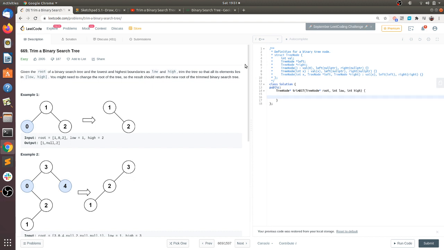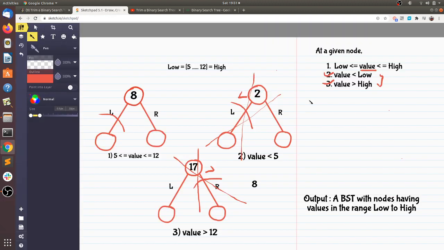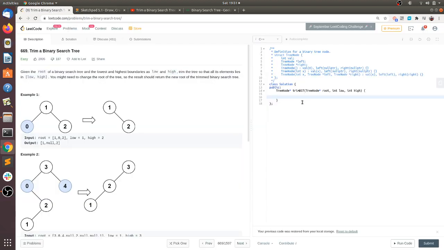What we just saw are two cases where the value of our node is less than low and greater than high. So in that case we should consider only the remaining part, that is we should process the right subtree in case 2 and the left subtree in the third case. Let's do that in code.